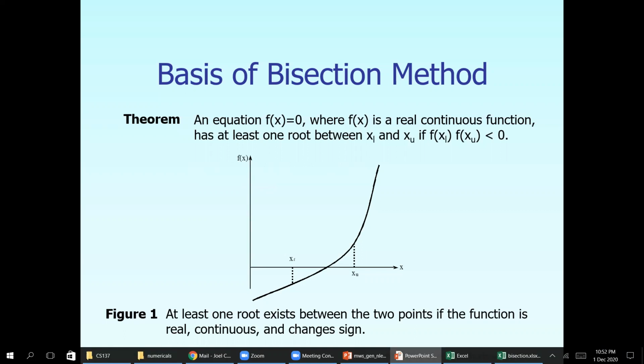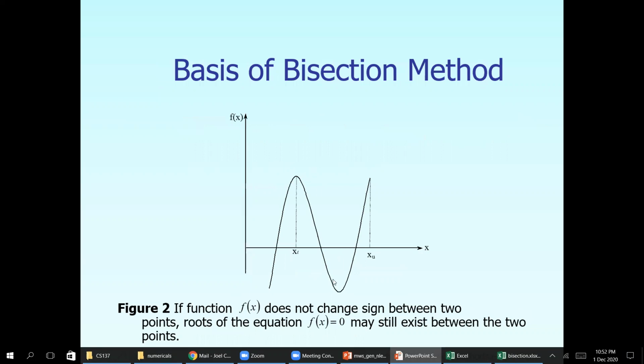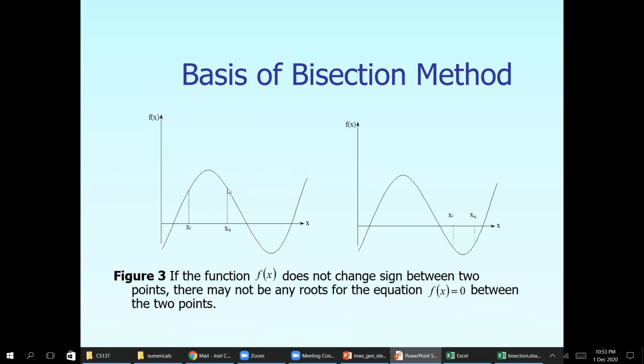So let's prove it. Let's have this equation and this graph. In case x sub l and x sub u have the same result, there is a possibility that in between these points there is a root of that equation, but there are also instances where both have the same sign, positive or negative, and there is no root between these two guess points.